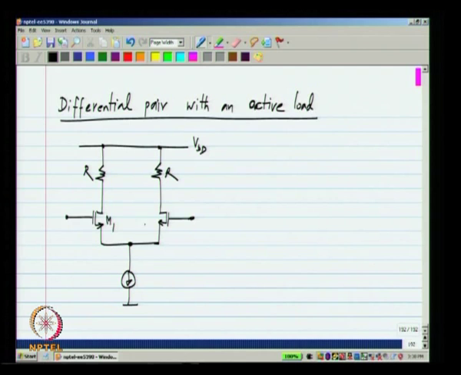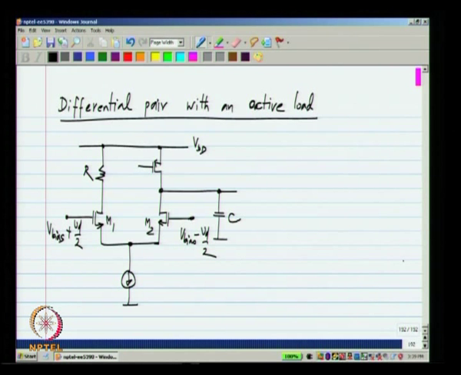I could connect it to anything I wanted, and I take my output from here, and what I want to do is to replace this by a PMOS transistor in saturation region. Okay. Now, clearly the PMOS transistor in saturation region must carry a current of I naught by 2, and a convenient way of biasing it could be from a current mirror.